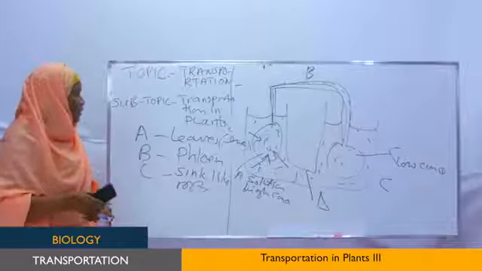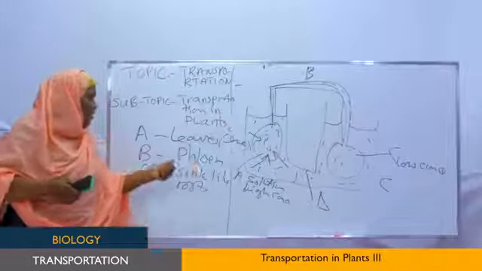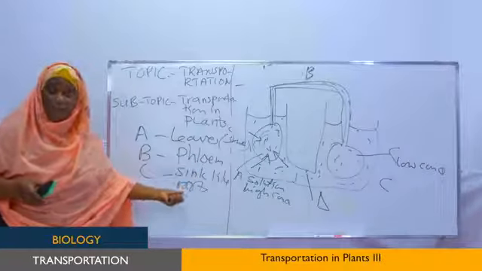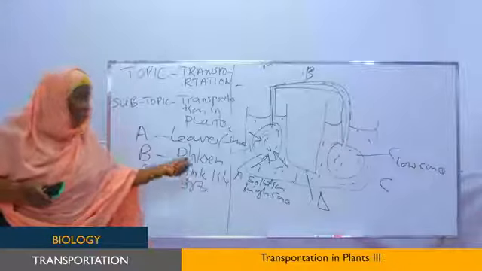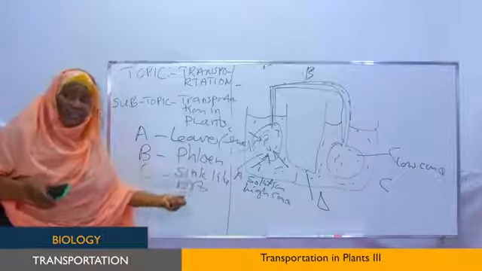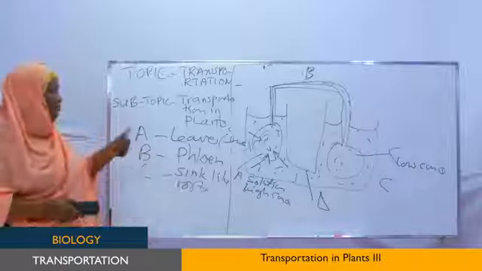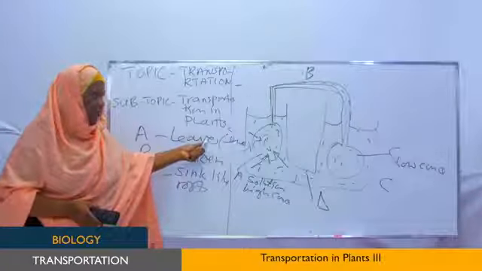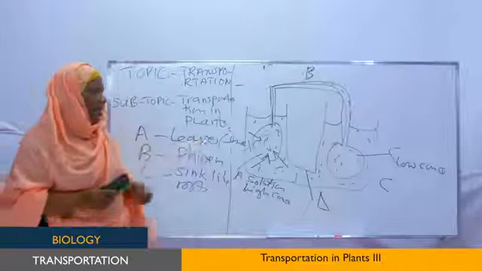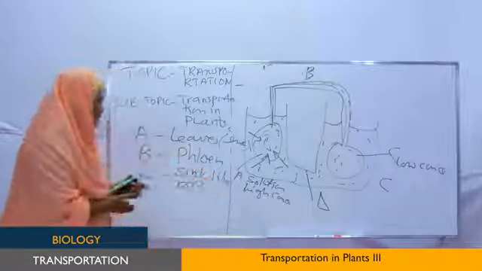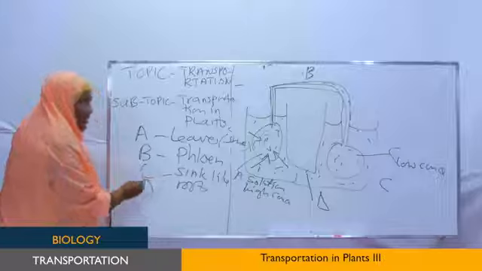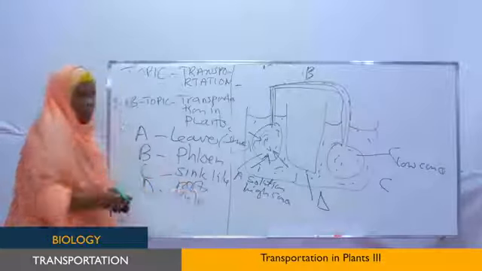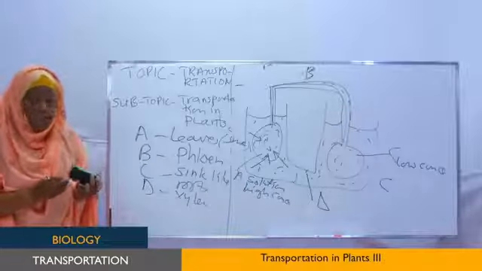The equilibrium is not reached here because the sink uses that food. The food is continuously used. At the same time, food is continuously produced. And D here, D acts as the xylem for conducting water.